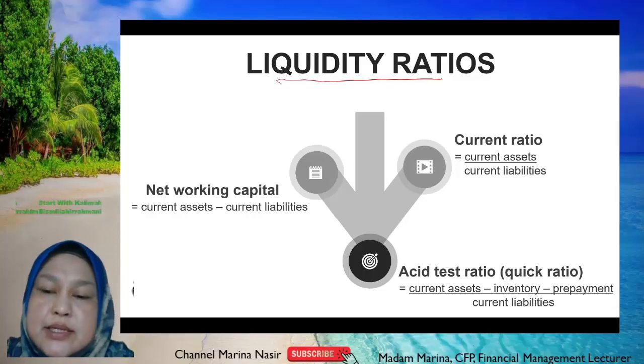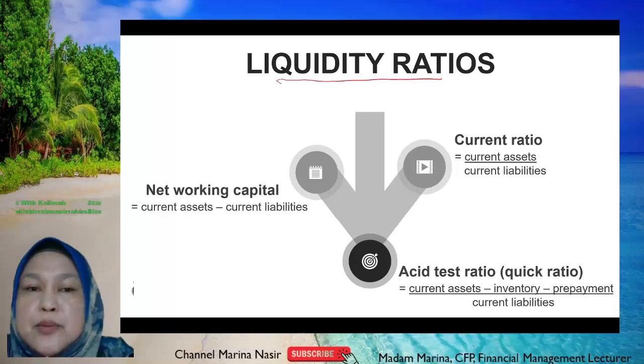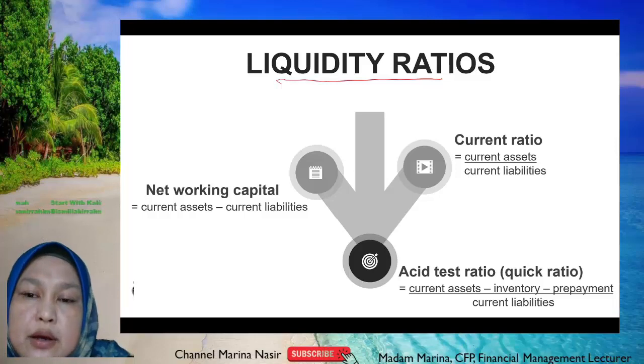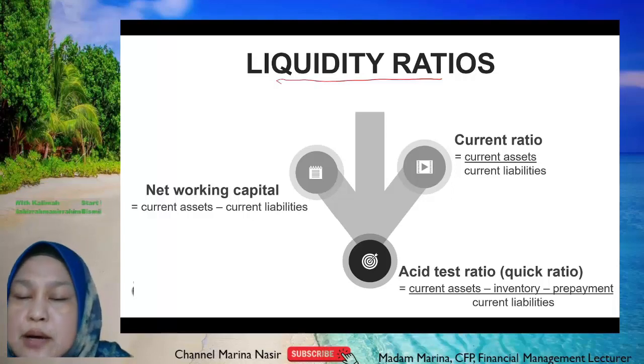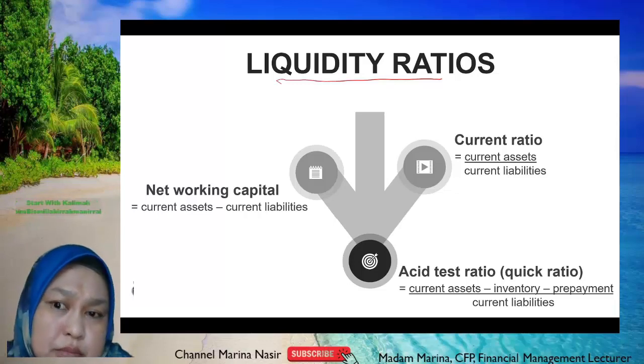For example, current liabilities. The items under current liabilities are accounts payable, short-term loan, and bank overdraft. So that's why we calculate liquidity ratios: to know whether this company or our company can pay our short-term obligations or not.